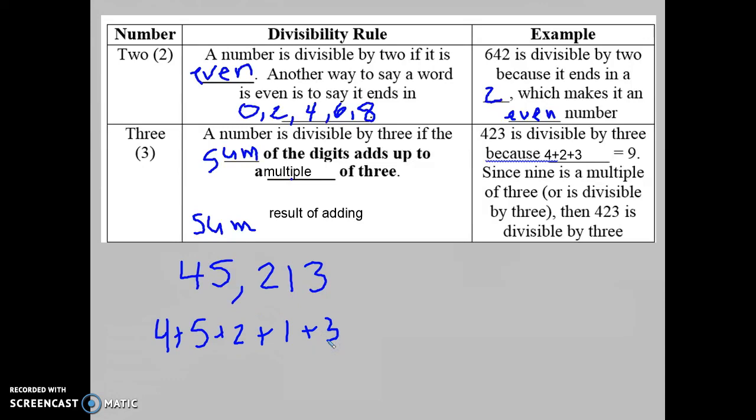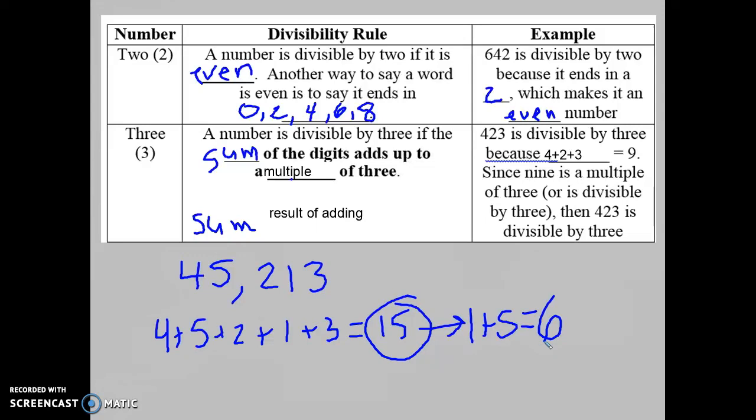Well, when I add those up, I get 4 plus 5 is 9, plus 2 is 11, plus 1 is 12, plus 3 more equals 15. Well, if I'm not certain that 15 is a multiple of 3, I can do the sum again. I can add my digits again and say, okay, is 1 plus 5 a multiple of 3? Well, 1 plus 5 is 6, and I know that 6 is a multiple of 3.